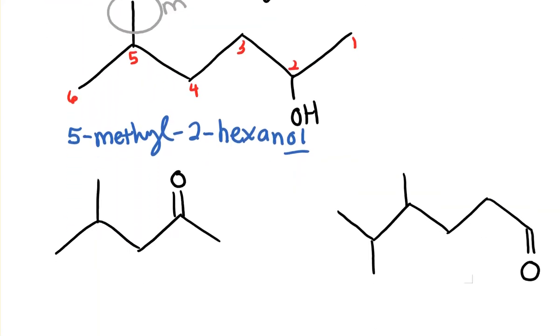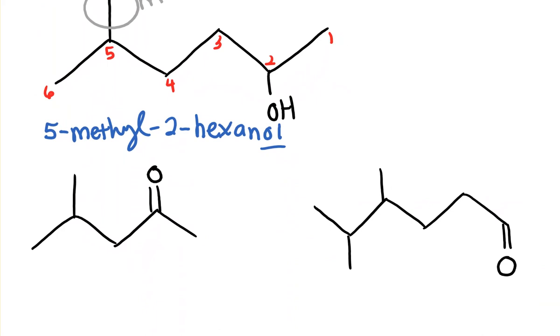Okay, let's do some more. So here's an aldehyde and a ketone. This is a ketone, and we always number a ketone from the end closer to the functional group.